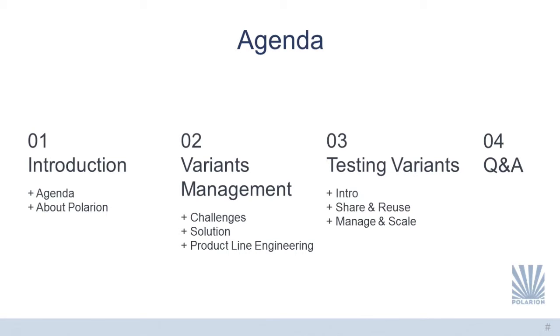Then I'm going to pass it over to my esteemed colleague, Linda Gaines, and she will provide some great insight on testing variants, and an intro about Vector Software, share and reuse, and managing and scalability within the environment of variants. And then we'll wrap it up hopefully with at least 5 to 10 minutes for you to share some experience and ask some questions, and hopefully we can answer some of those.